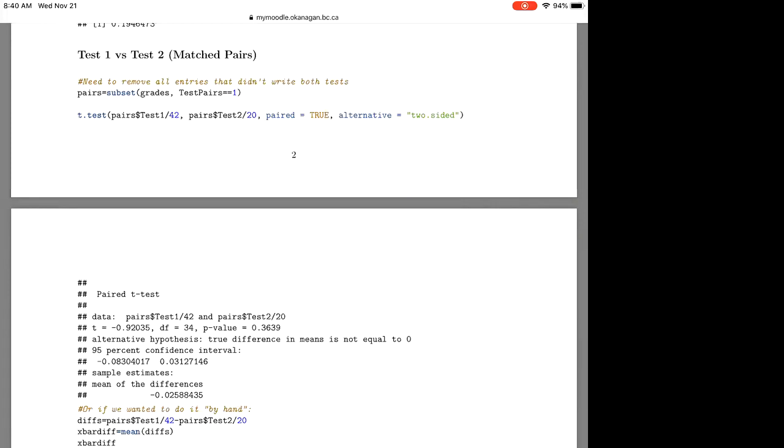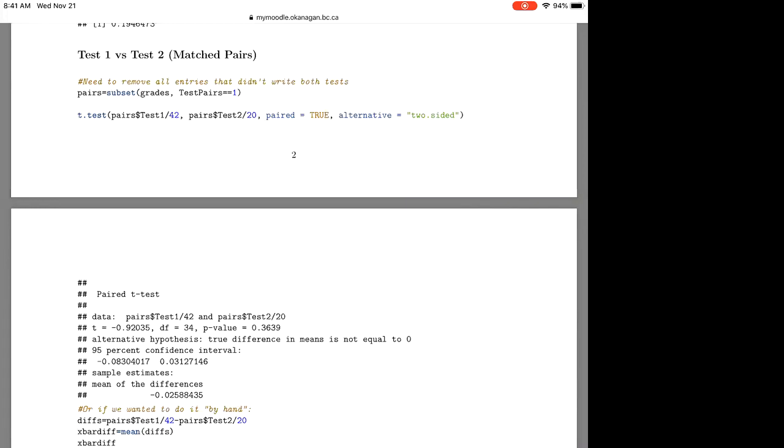Okay, we're up to here. So it tells us, okay, we're doing a paired t-test. Here's the t that I calculated. Here's the degrees of freedom that I'm using, and here's your p-value. Oh, sorry, 2-sided. I told it to be 2-sided. It also just spits out a confidence interval for the mean of the differences, because it's matched pairs.